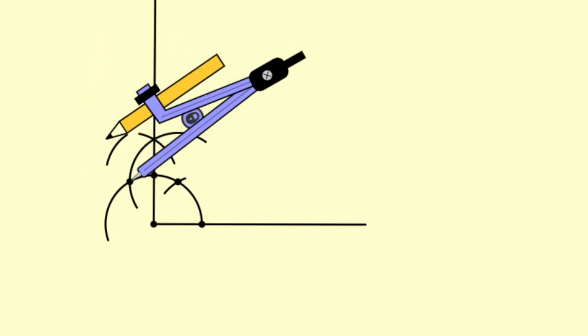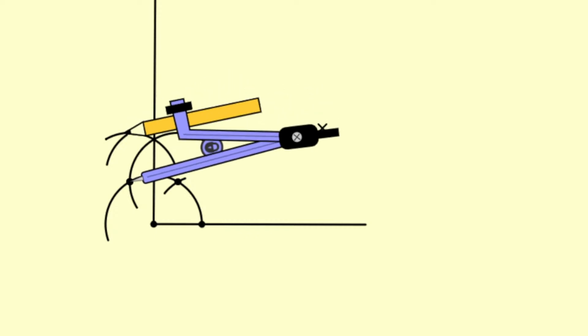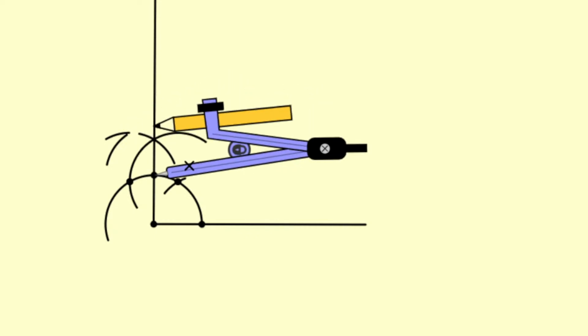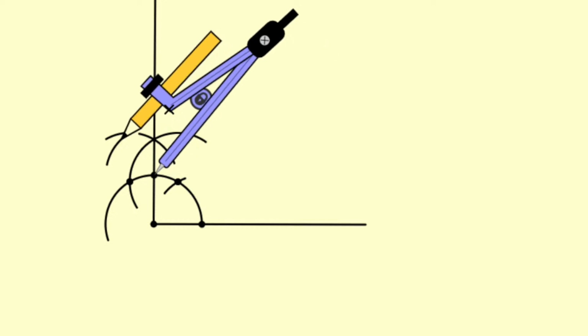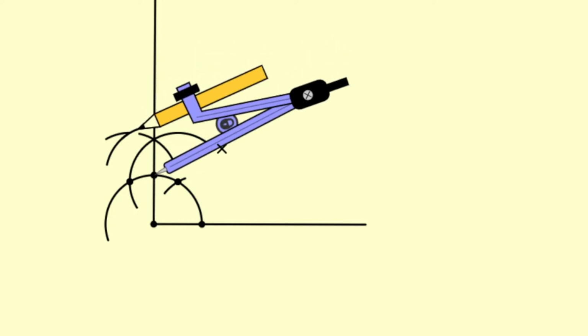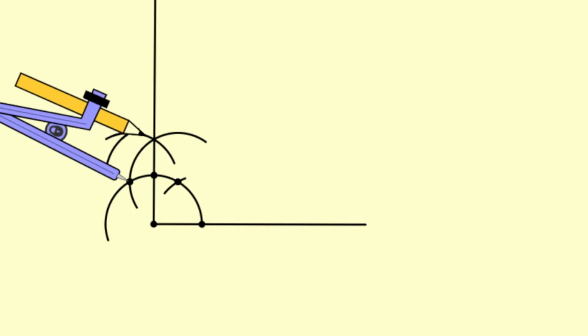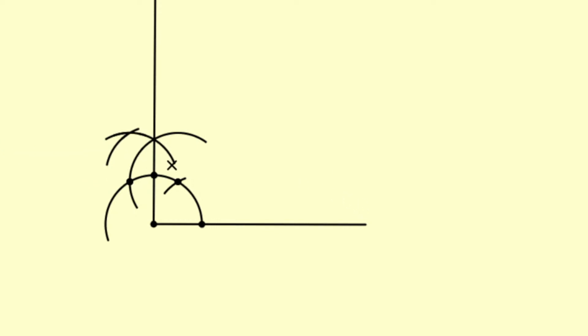From this point, we will draw one arc which will cut the previous arc. One arc I have drawn from 90 degree, another arc from 120 degree. Now we can draw one line from A passing through the intersection of these two arcs.